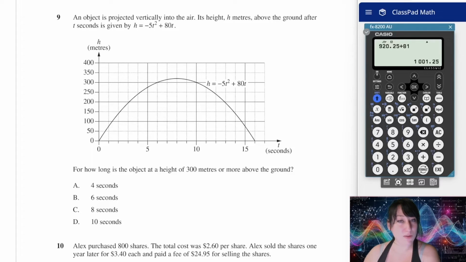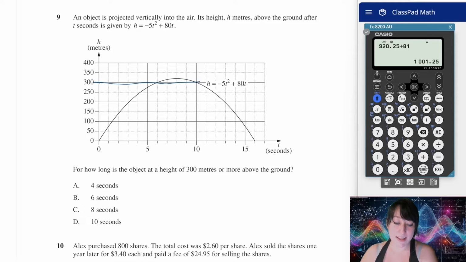Now, a lot of students find these kinds of questions intimidating, but they're usually easier than they seem. So notice that the vertical axis is h in meters, and we're asked for when and how long the object is at 300 or above. So let's find 300, trace it across to the graph.